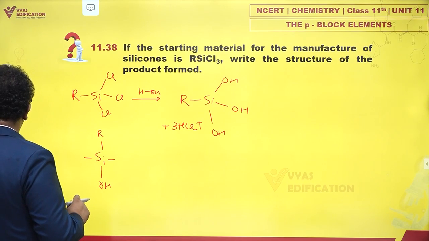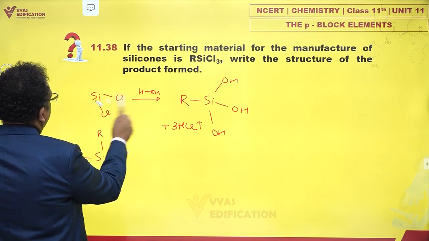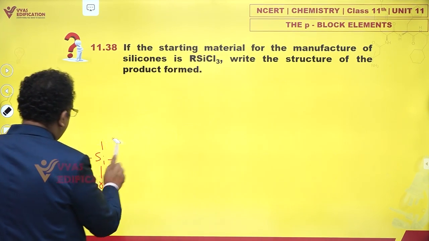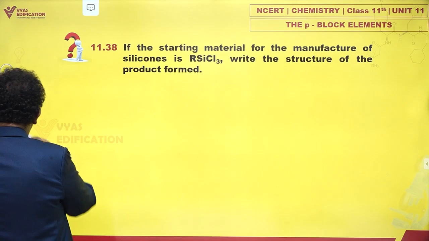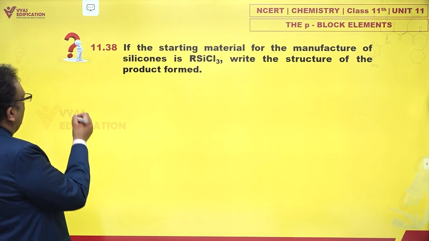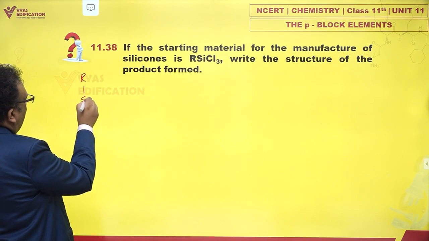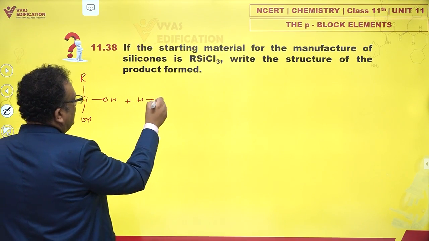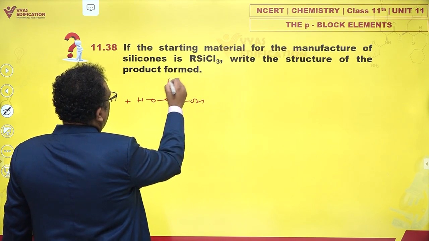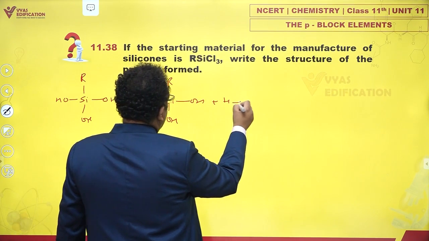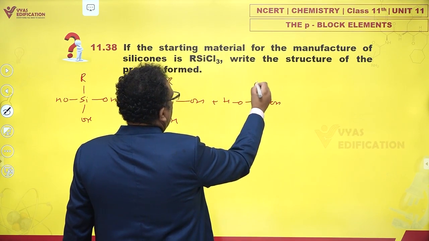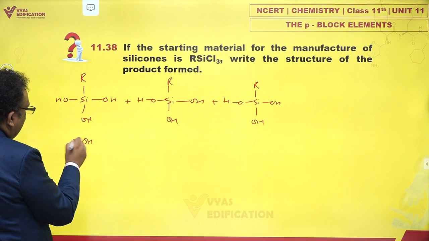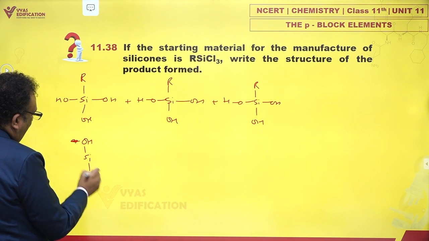I'll just erase this and write it. You have RSi(OH)3 plus HOSi(OH)R plus HOSi(OH)R.